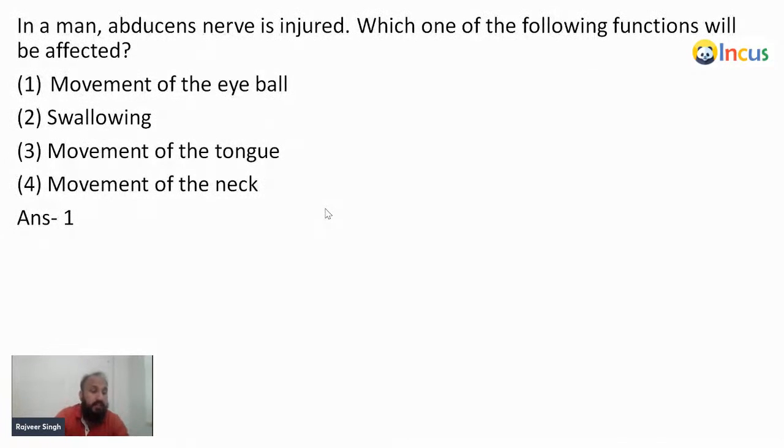Now the next question is: in a man, the abducens nerve is injured. Which of the following functions will be affected? Movements of the eyeball, swallowing, movements of the tongue, and movements of the neck. The answer will be first, movement of the eyeball.